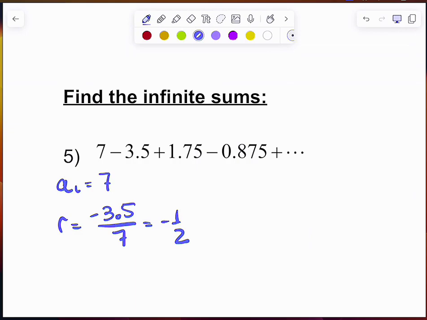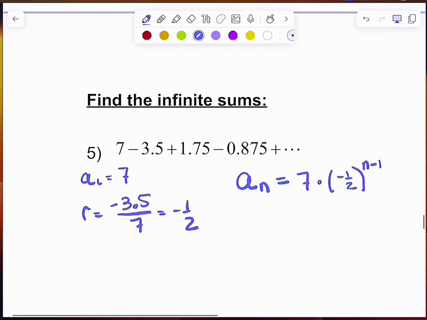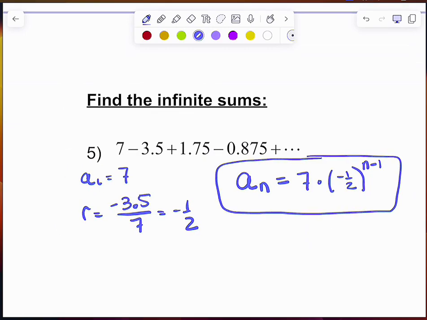That means that my geometric sequence, when I find my nth term formula, is going to be my first term, 7, times my common ratio, negative 1/2, raised to the power of n minus 1. So there's my nth term formula, okay?